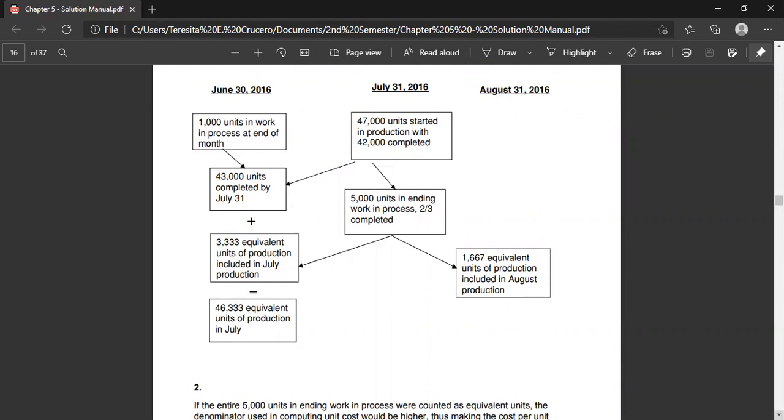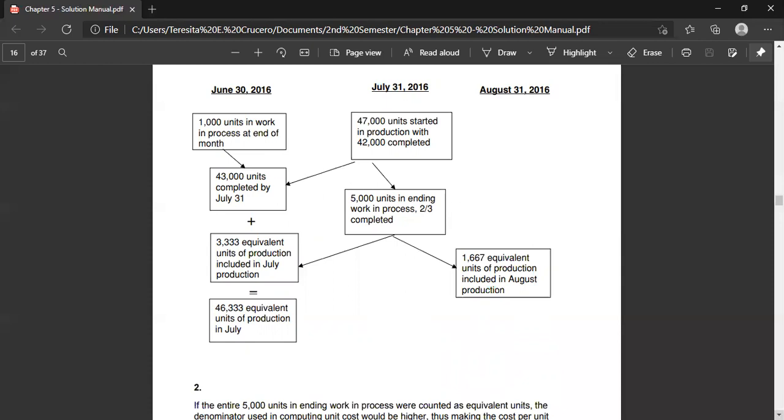But that becomes the beginning inventory as of July. 43,000 units completed by July 31, because the problem stated that 42,000 units were completed in addition to the beginning work in process. So we now get 43,000 units completed by July 31.